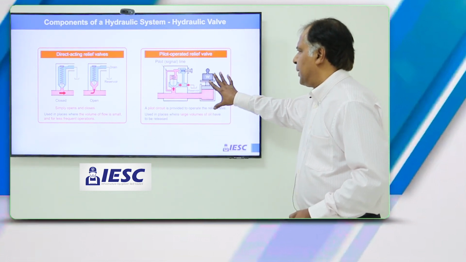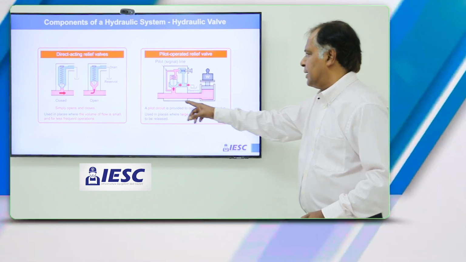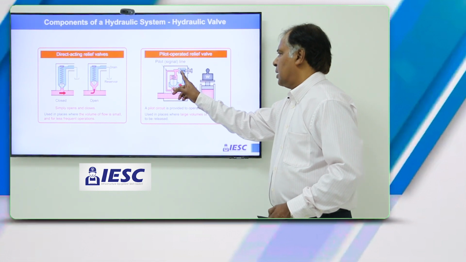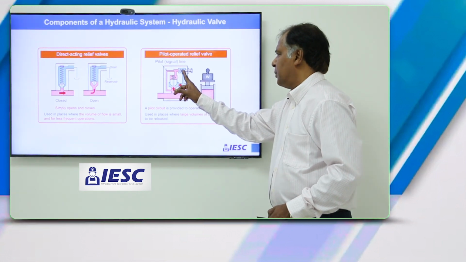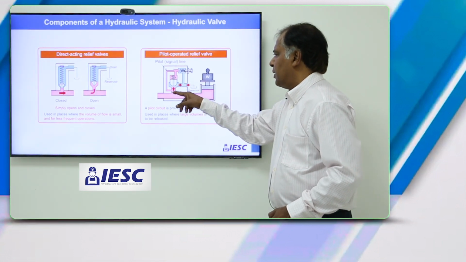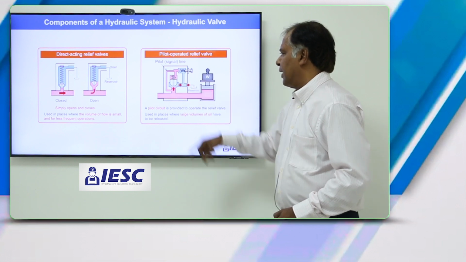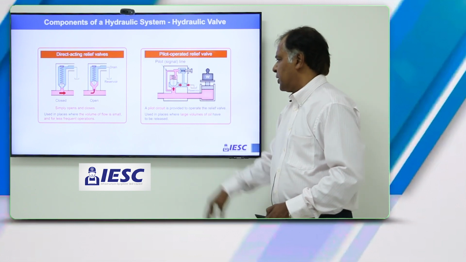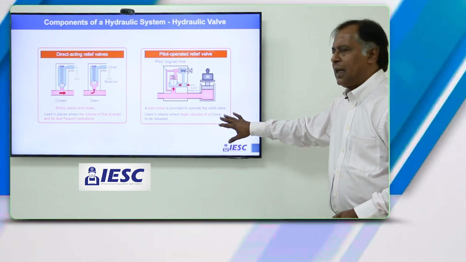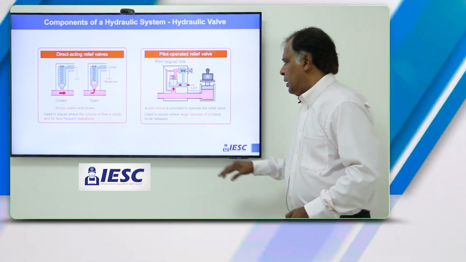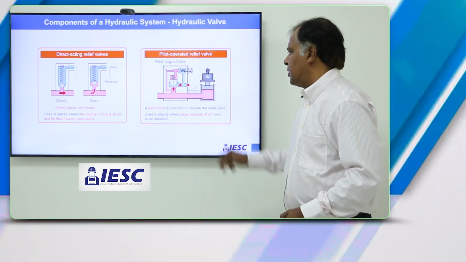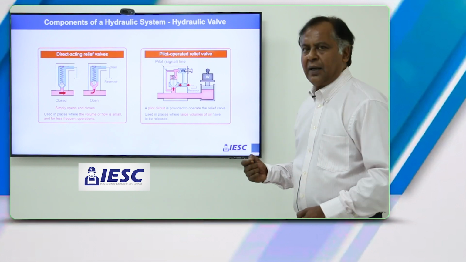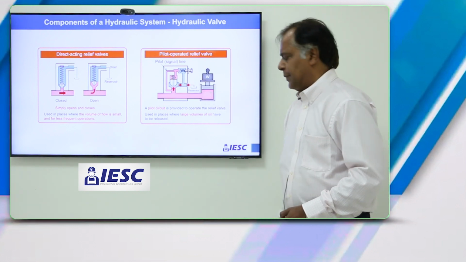In this system of pilot operated relief valve, you can see that there is a line going into the pilot line, and that gets actuated at a certain pressure again, which in turn relieves the pressure from the main control valve, and the discharge happens back to the reservoir at that set pressure. So this is used in places where larger volumes of oil are used, and this is essentially how the pilot circuit is provided to operate the relief valve instead of a mechanical setting.